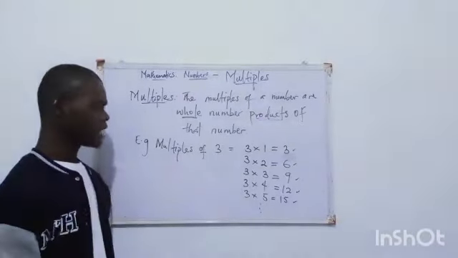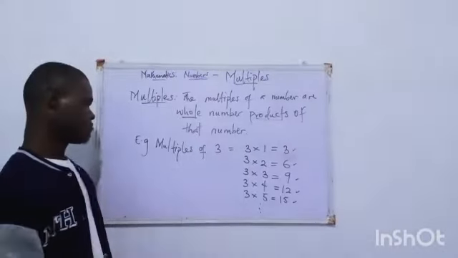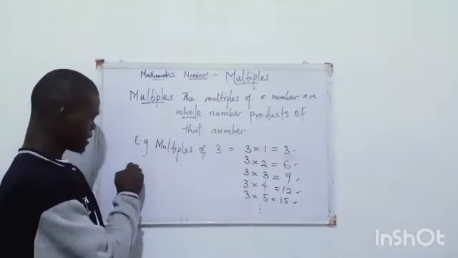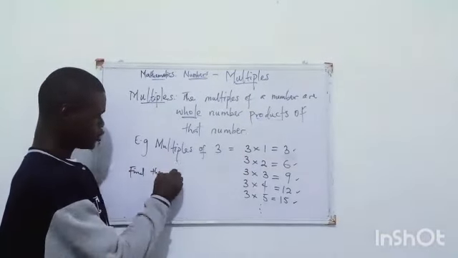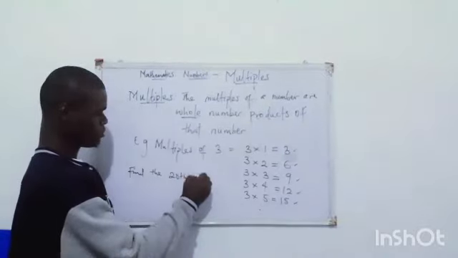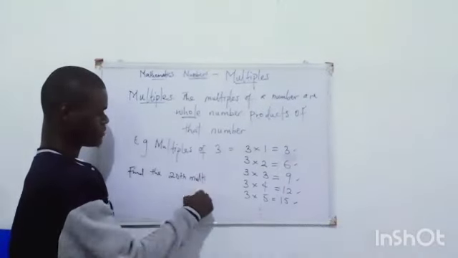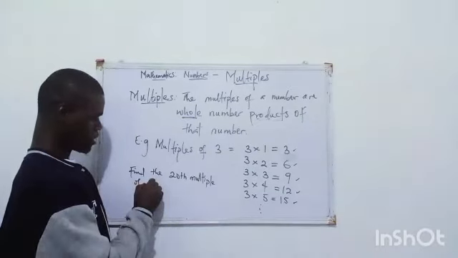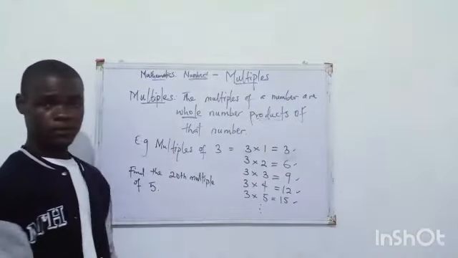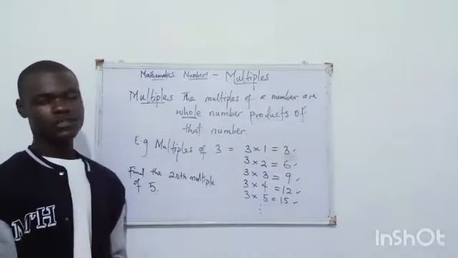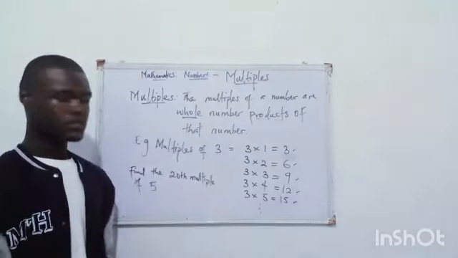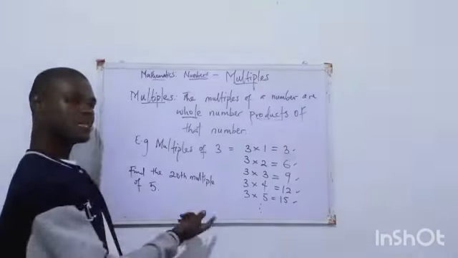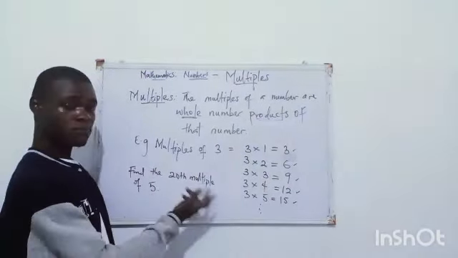Alright? Now let me give you a short hint. For example, you are told to find the 20th multiple of, let's say 5. Random number. Okay? This is not some rocket science, it's not a difficult thing. When they say you should find the 20th multiple, it means the 20th multiple of 5.